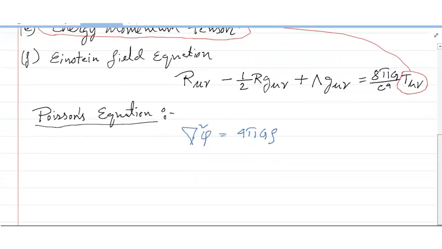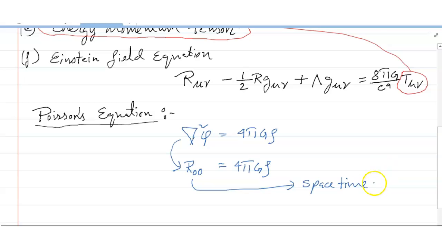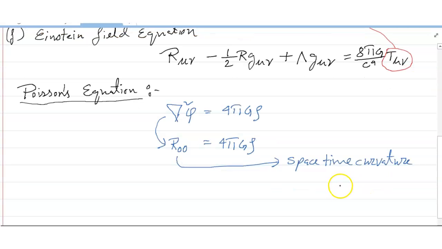We know this is Poisson's equation, and this value is equal to the equation R_00 equals 4πGρ. This equation is space time curvature, and this is the Ricci tensor.